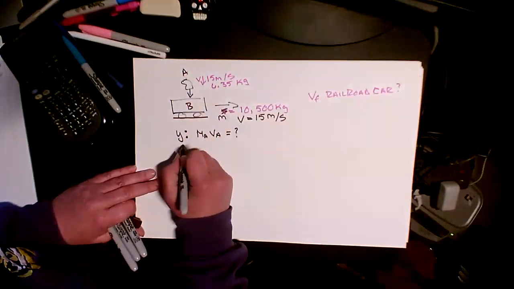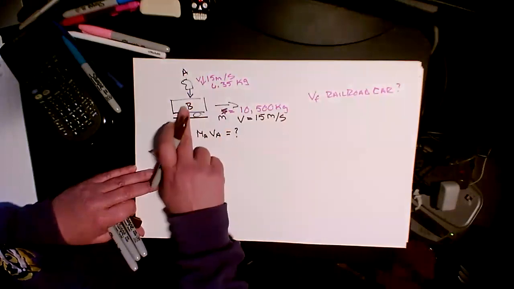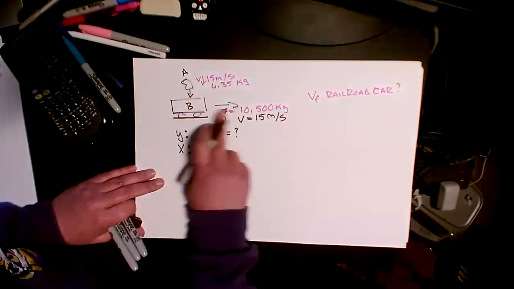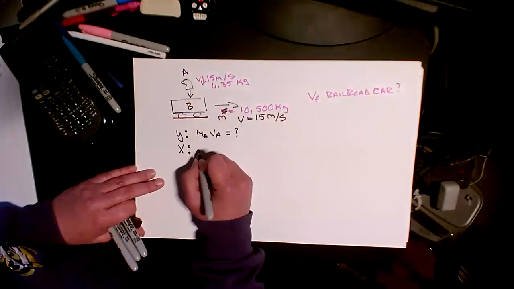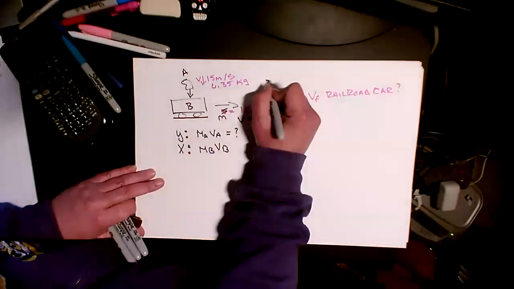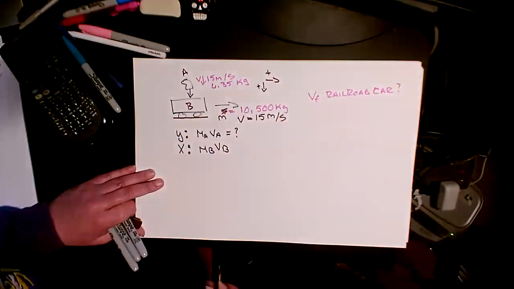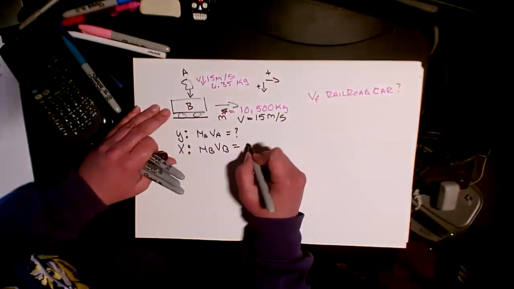Let's take a look at the X. Whoa, this thing's not moving in the X. I only have velocity here. So I have mass B, velocity B. Let's define that way as positive and just go ahead and say down. Equals, well, in the end, they're combined.